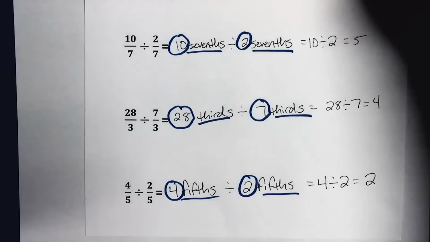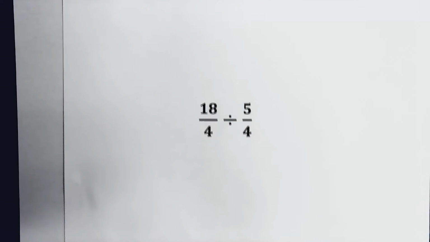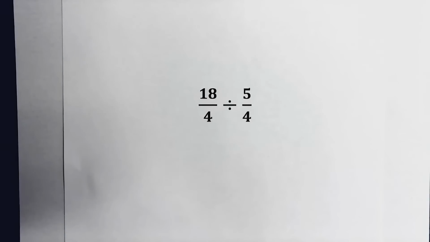All right, students, let's look at this problem. If we are asked to divide 18 fourths divided by 5 fourths, what do you notice? You're right, 5 does not divide evenly into 18. Let's see what happens when the divisor does not divide evenly into the dividend in the numerator.